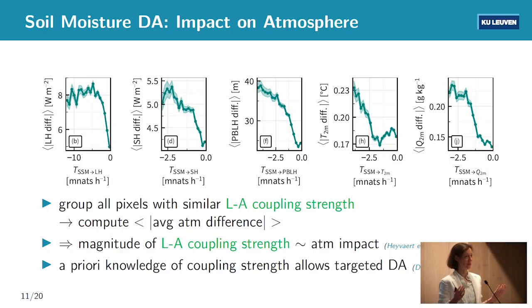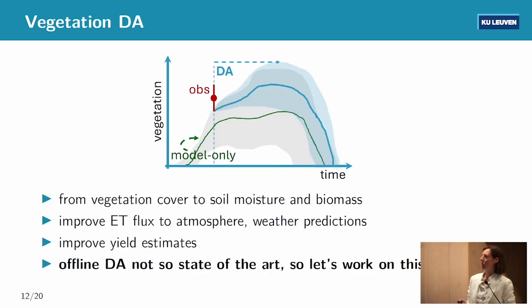So the reality is, if I know where the coupling is the strongest, I can target those regions for data assimilation. And if then I have large updates in soil moisture, which I know from the previous slide, you know that you'll have a good impact on the atmosphere, right? So I think that is really good to sort out where we can most efficiently do data assimilation. So that's moving soil moisture data assimilation one step forward.